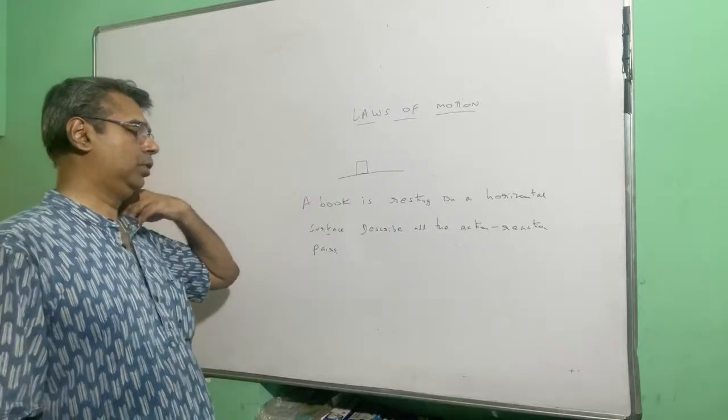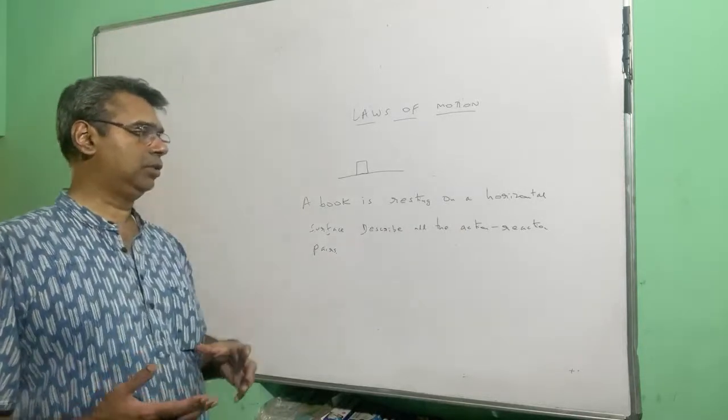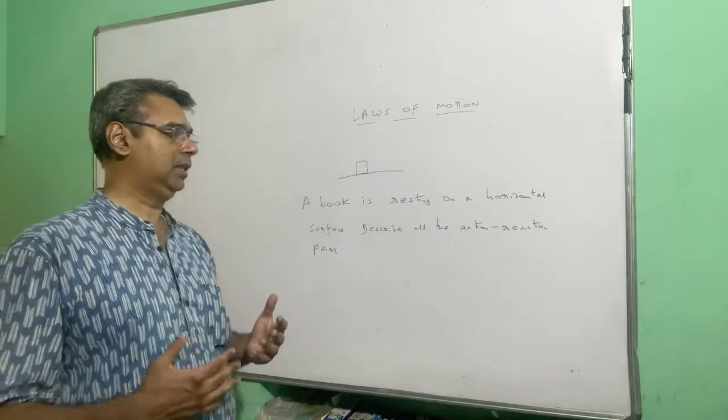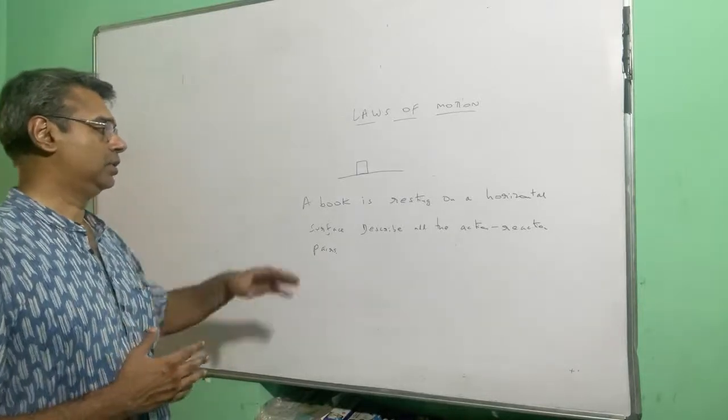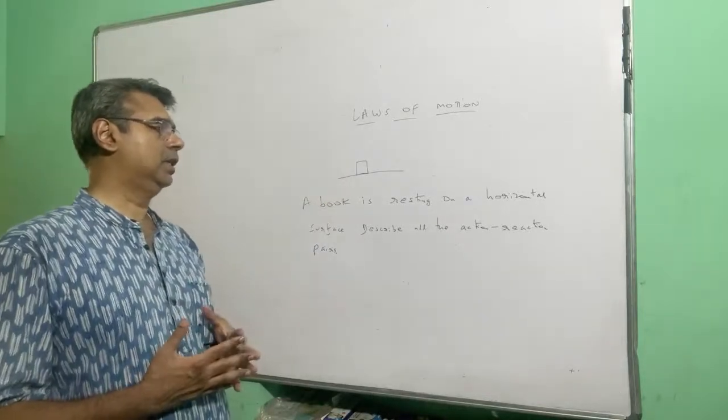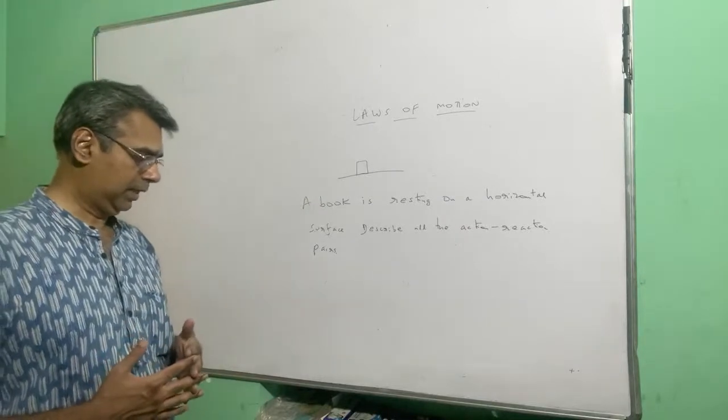So all of you know that there is a very famous Newton's law that every action has equal and opposite reaction. So suppose a book is resting on a surface and the question is to describe all the action reaction pairs.